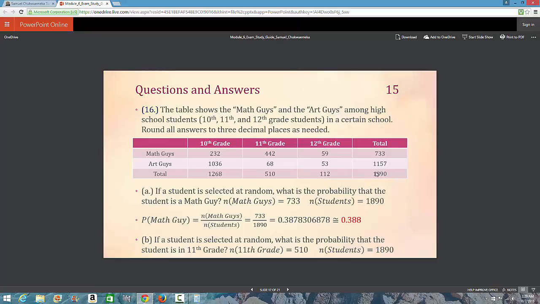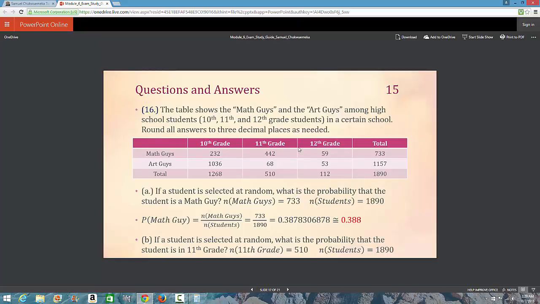All together, all the students we have for 10, 11, and 12 grades that are both math guys and art guys are 1,890 students.